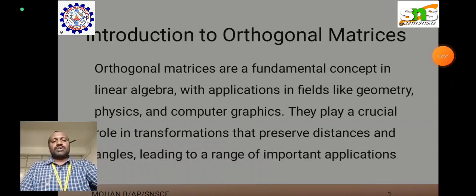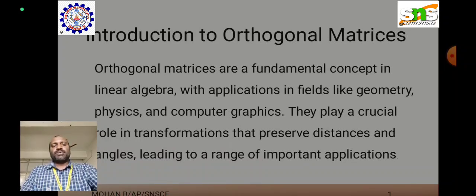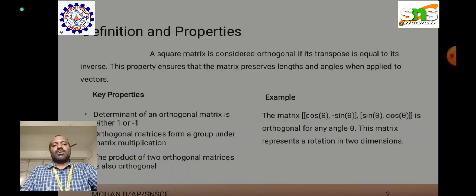We apply orthogonal matrices in various places like linear algebra applications to geometry, physics and computer graphics, and in transformations that preserve distance and angles. Definition and properties: a square matrix is orthogonal if its transpose is equal to its inverse.